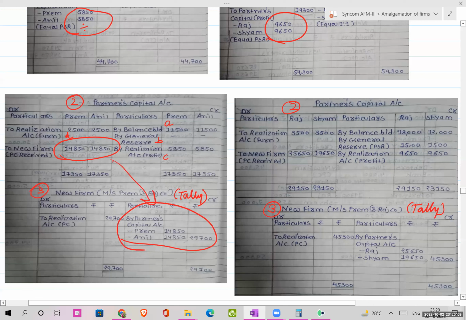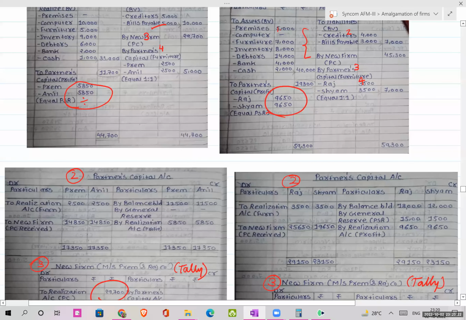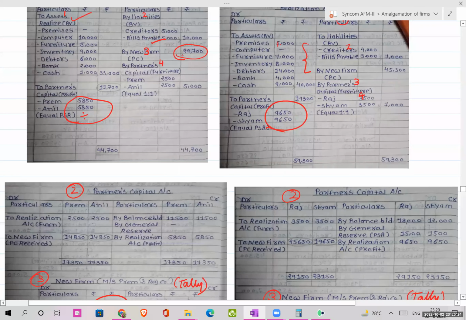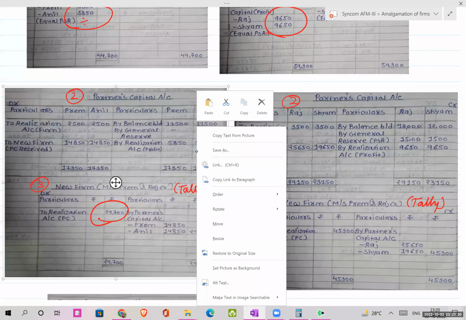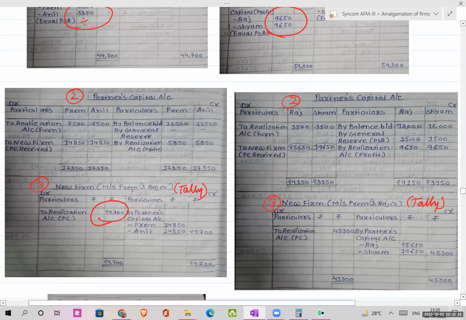The second effect is seen here. फिर हमने जो realization due का entry डाला था, right? उसका second effect इधर आएगा. See this PC वाला 29,700 का second effect is here. And when you close this ledger, obviously it has to tally.